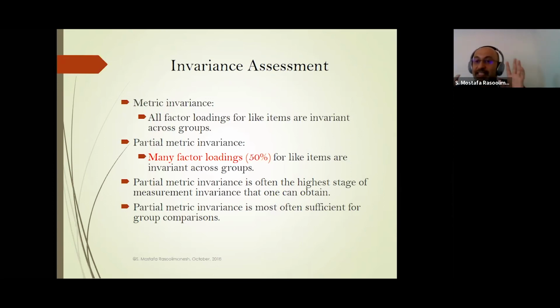So we have to check the difference between weights or loadings for the two groups, and at least 50% should not be significantly different. If 100% of loadings and weights are not significantly different, we can get full measurement invariance.